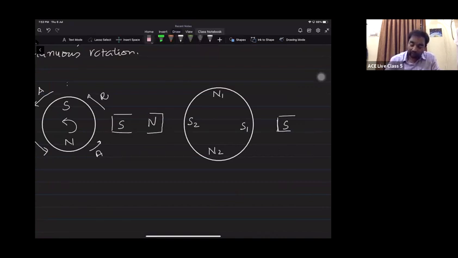So I'll draw a little bit like this: S1, N1, S2, N2, something like this, right? Then you can see what exists between these two: attraction. So if it has to move like this, then what exists between these two? Let me draw clearly. So these are something like unequal.